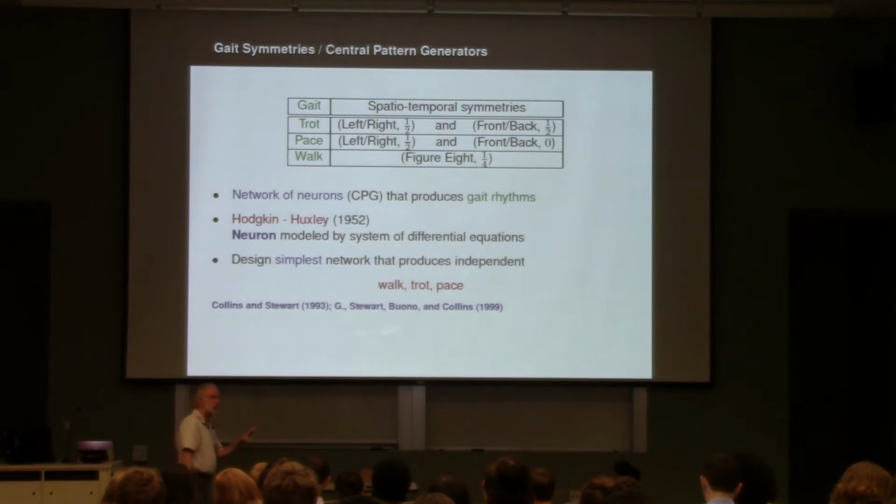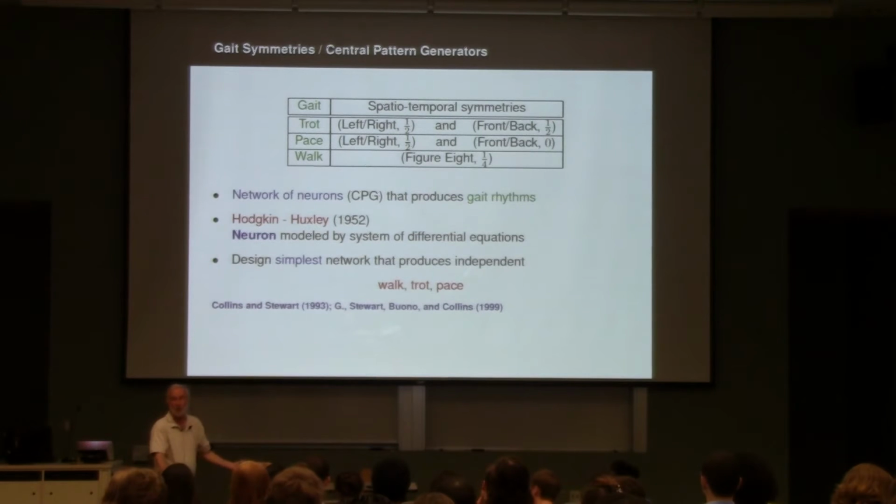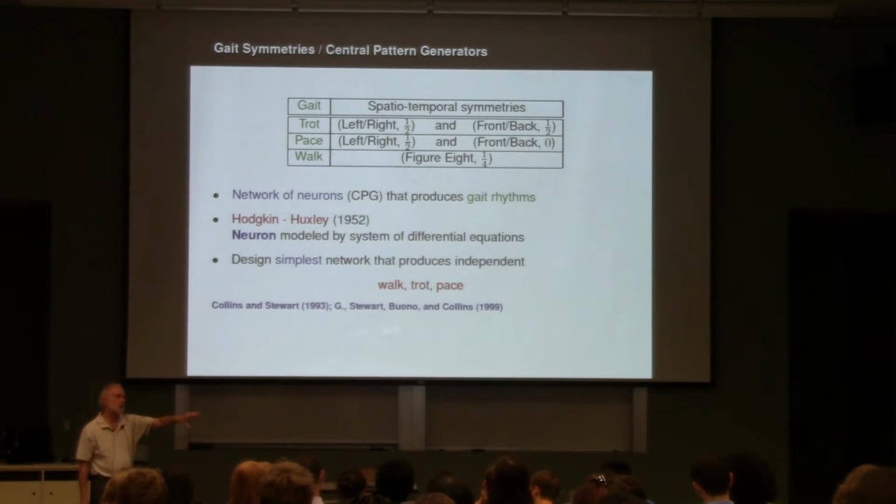Remember I talked about these central pattern generators, which were somewhere in the nervous system. Well, a central pattern generator is supposed to be a collection of neurons. So it's a coupled system of differential equations from a mathematician's point of view. Suppose I had 4 neurons coupled together, synapses and so forth. That's going to be a 16-dimensional system of differential equations.